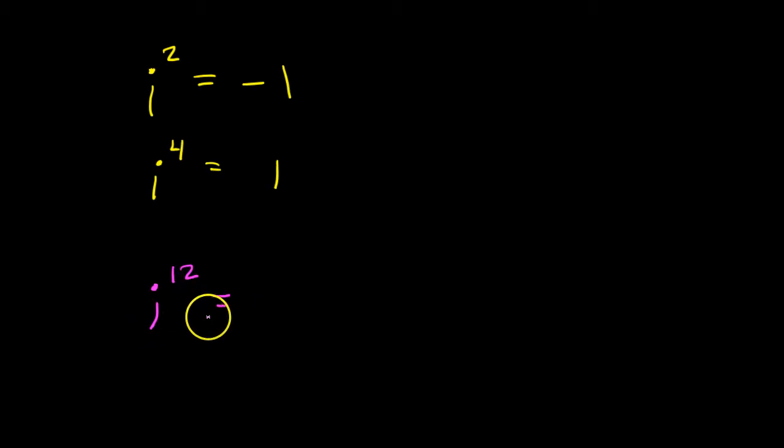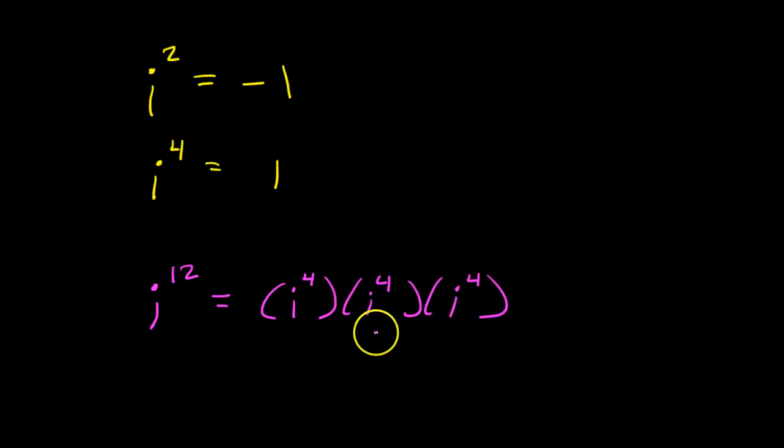If I wanted to simplify this, i to the 12th power is the same thing as i to the fourth power times i to the fourth power times i to the fourth power. That would be 1 times 1 times 1. So i to the 12th power is 1.